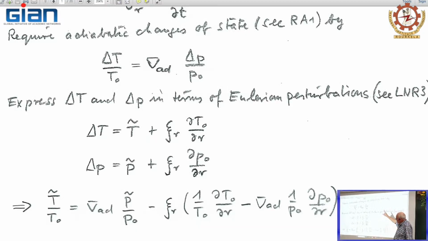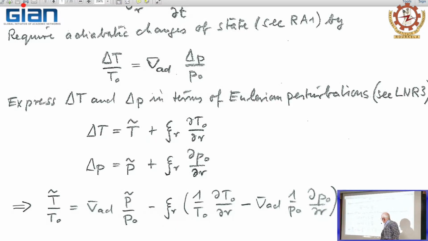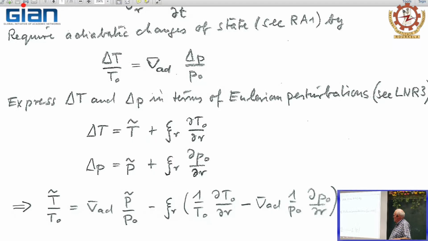So, you see, when considering these equations, it is important whether we require the Lagrangian entropy variation to vanish or the Eulerian perturbation of the entropy to vanish. They differ by a term which goes with the gradient of the entropy, or in this case with the gradient of the background temperature and pressure.